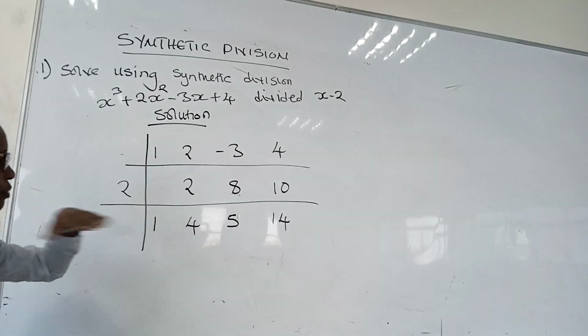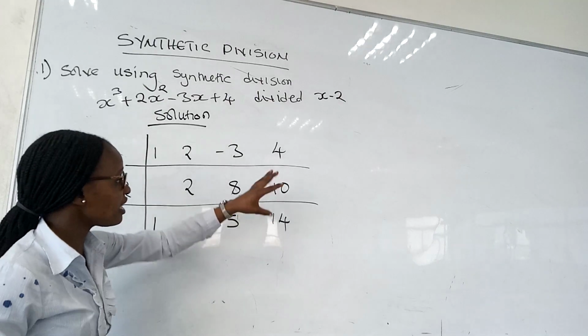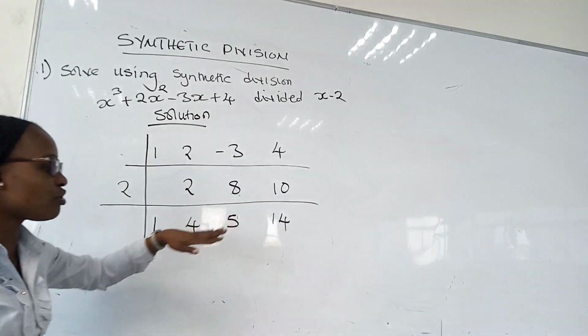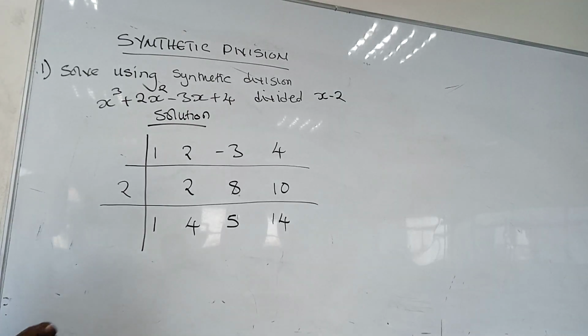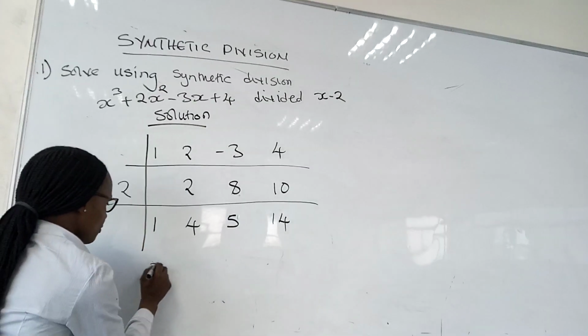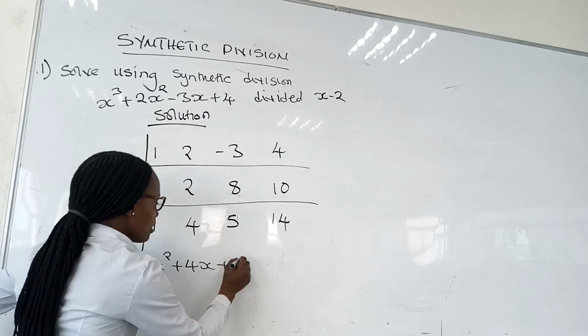From here, we realize that this last row, except the last value, is what we call the quotient. Since the quotient is supposed to be a quadratic, and these are just coefficients, this will be x to the power 2 plus 4x plus 5.